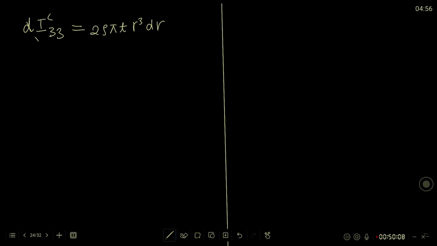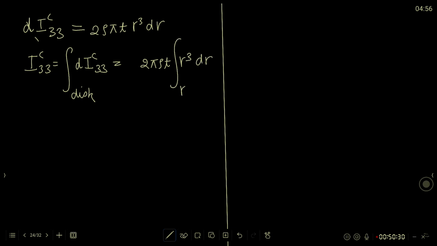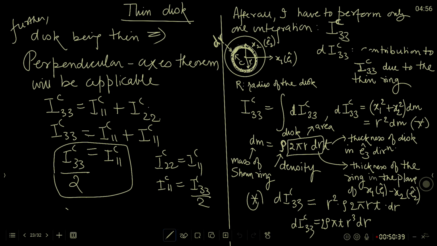So IC33 is the integration of DIC33 over the disk, where r varies from 0 to big R. If you look at this figure, as I allow the small r to take value from 0 to big R, I will sweep across the entire disk.